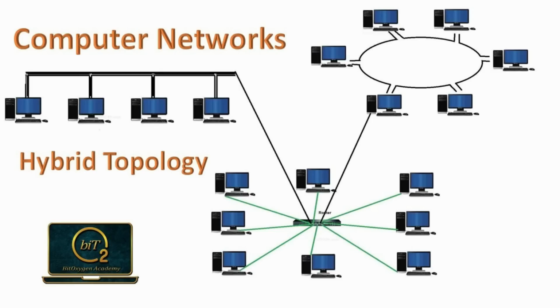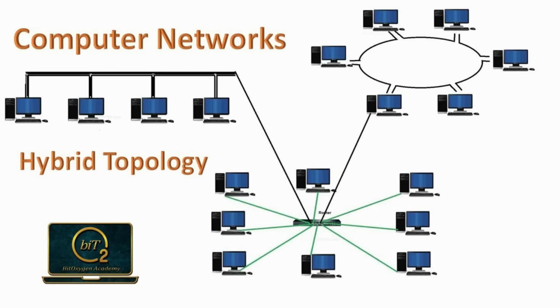A hybrid topology combines two or more different topologies into a single network. This is done so the strength of one topology can mitigate the weakness of another. For example, a network might use a star topology for its core infrastructure and bus topologies for similar isolated segments.